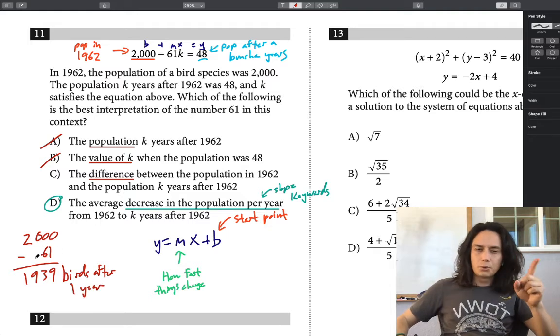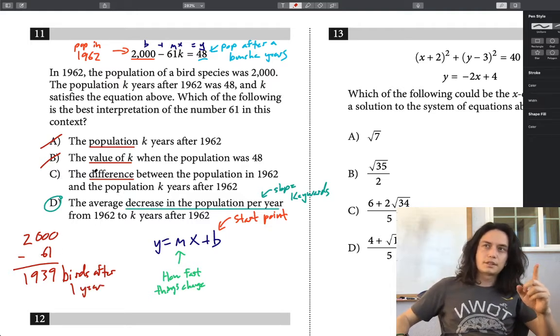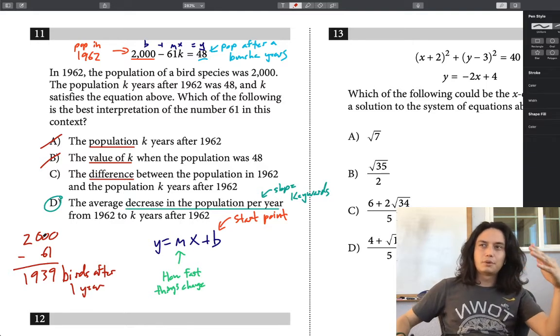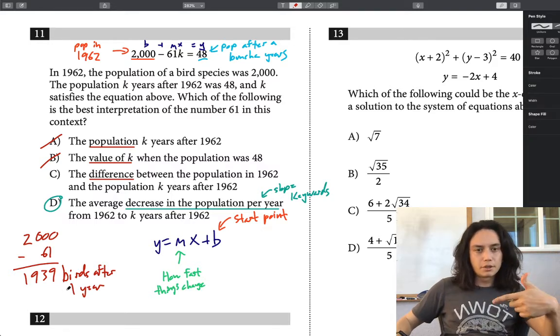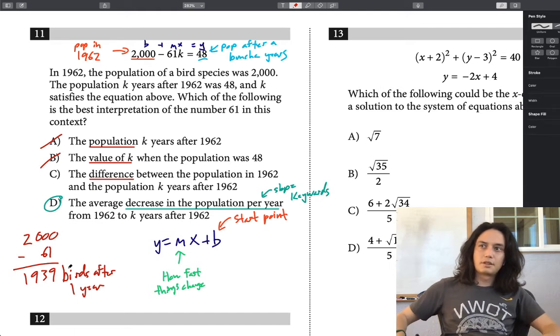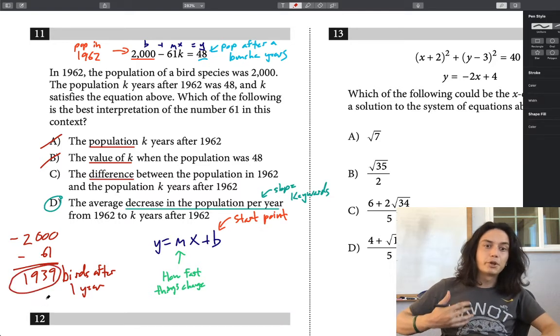And literally only for year one, this is true, that 61 is the difference between what it used to be and what it is now, the population k years after. But after we go another year and another year, the difference between 2000 and 1939, the difference between the population in 1962 and the population K years after 1962, gets bigger and bigger and bigger.